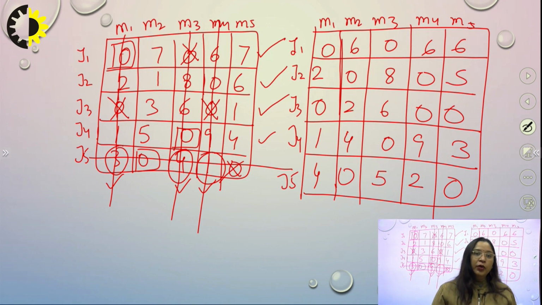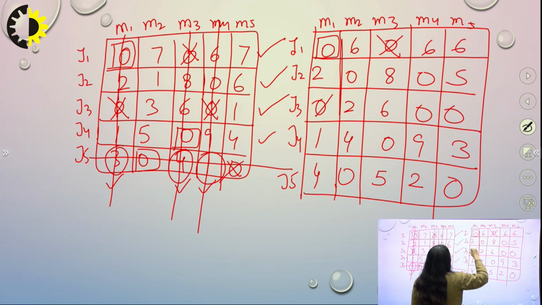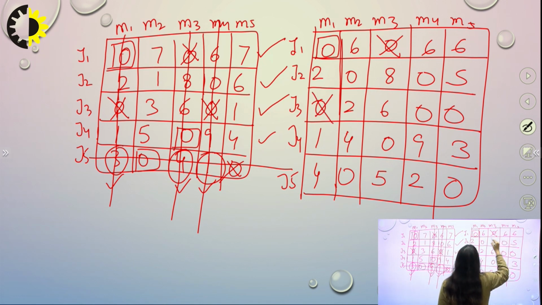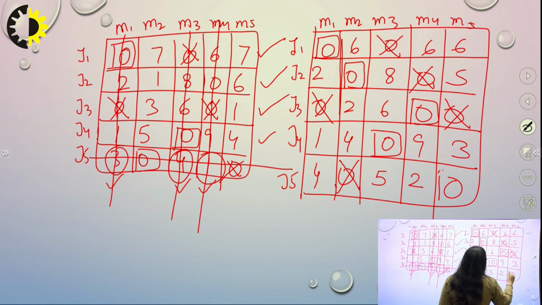Now again we will assign the jobs to the machines like that. Here you can see this. I have assigned this here in this column. It has been assigned. Okay. Now this, fine, this and this.